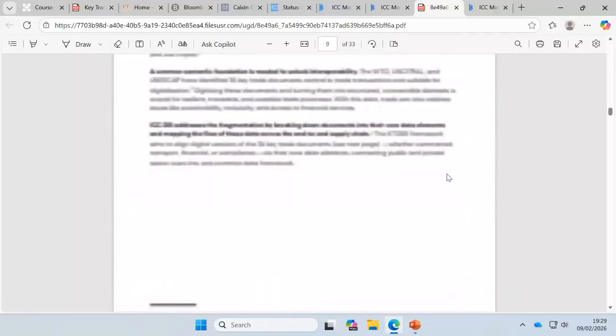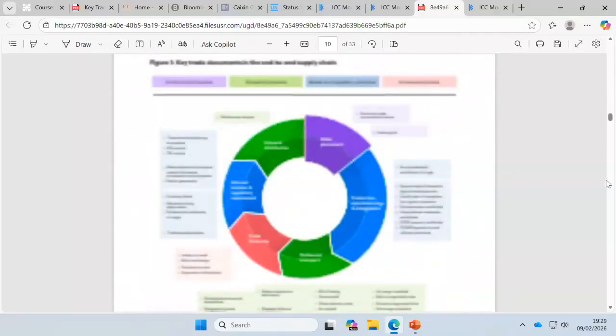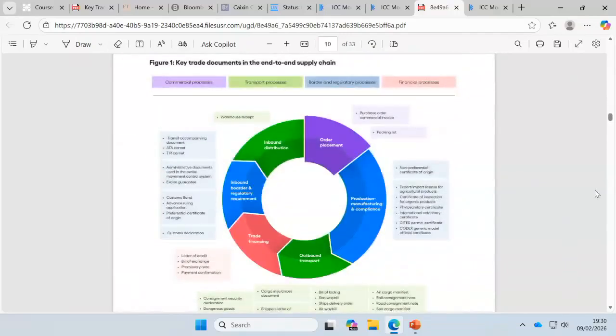And this is perhaps a slightly overcomplicated visual representation of elements of a supply chain and relating that to core documents.